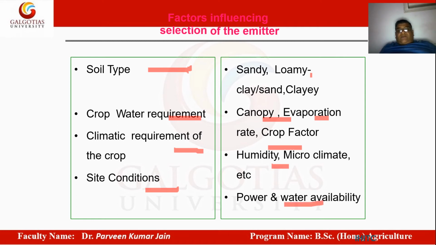For example, if there is electricity for a short period, or not for 24 hours, then accordingly you have to plan the irrigation scheduling, or you can say the timing of irrigation. So you may need a little faster speed, seeing the electricity availability. Accordingly, the types of drippers are chosen.